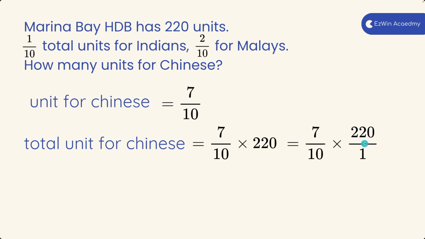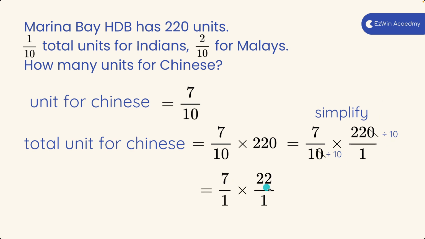We represent the 220 units as a fraction first, and then can we see a numerator and denominator that have a common factor? If you say 220 and 10 have a common factor of 10, you're right. So we can divide and simplify by 10, as you see over here. Dividing 220 and 10 by 10, you can just remove the zeros, and it will look something like this.